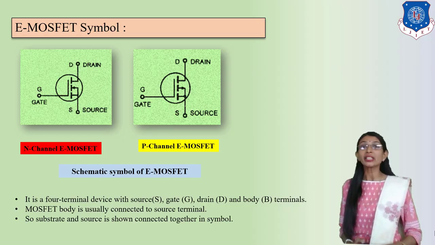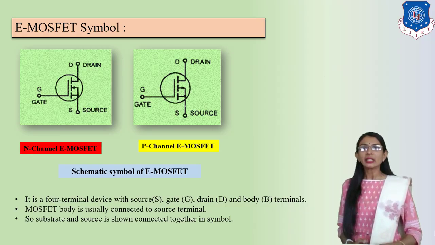Body is nothing but the substrate. So we have connected the source and substrate together. As per the symbol we have a total of three terminals, gate, drain and source. The MOSFET body is usually connected to the source terminal, so substrate and source are shown connected together in the symbol.